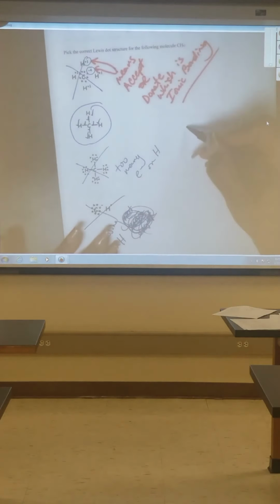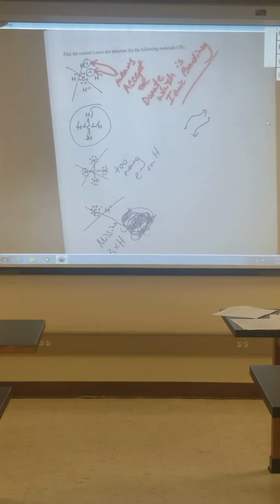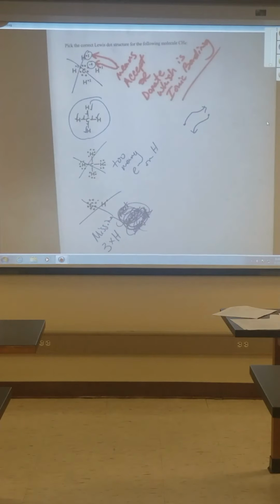So if they say that this one's gonna go over here and this one is gonna come over here, that's also an indication of ionic bonding. So brackets plus a negative and the arrows are all three indications. What is it when it comes to covalent? Lines, lines.